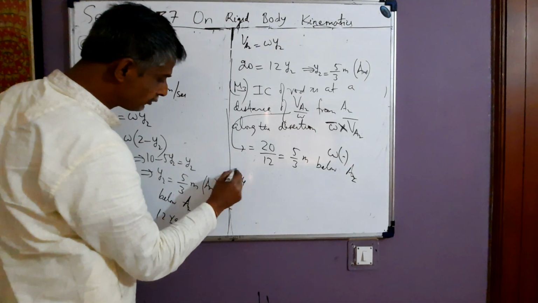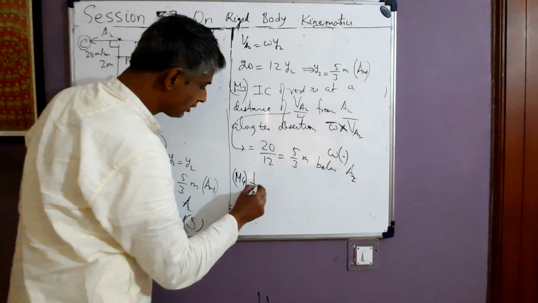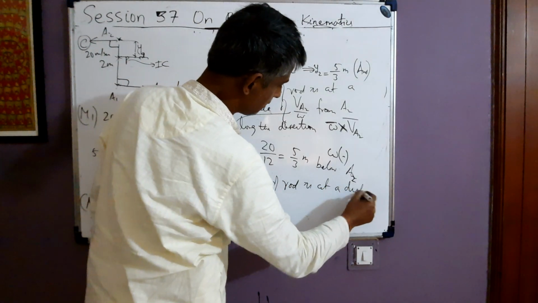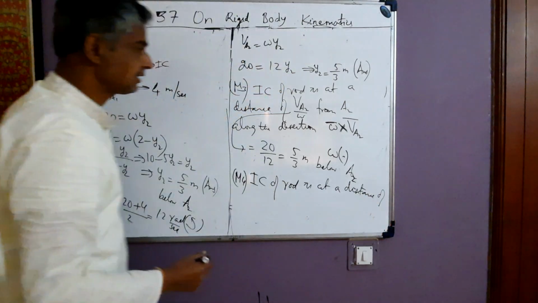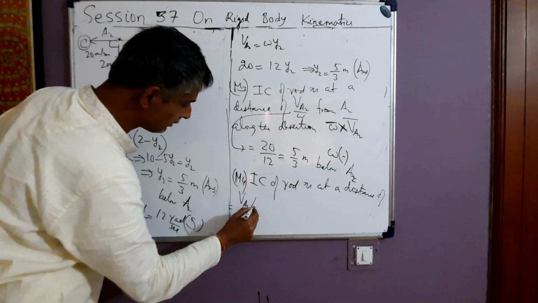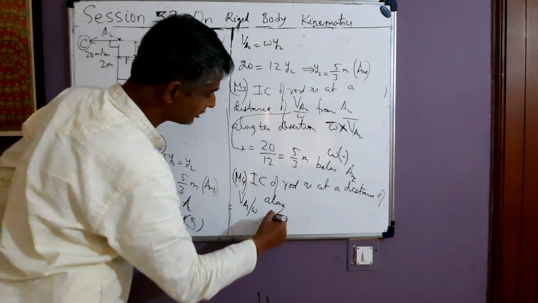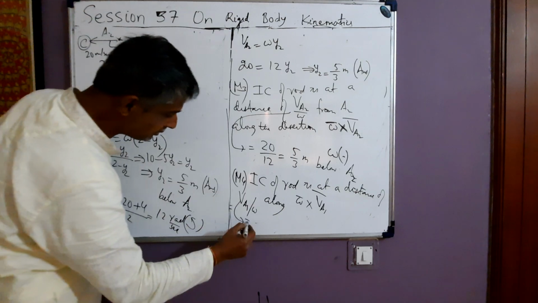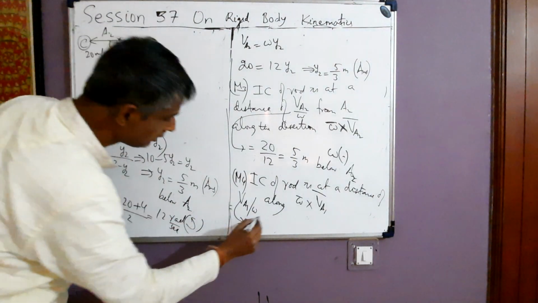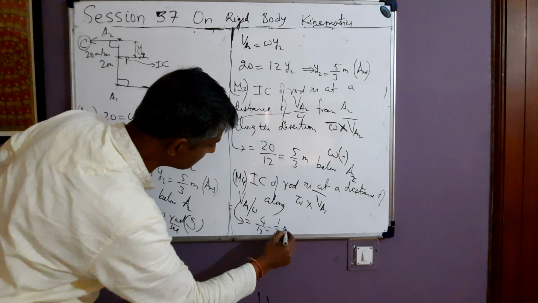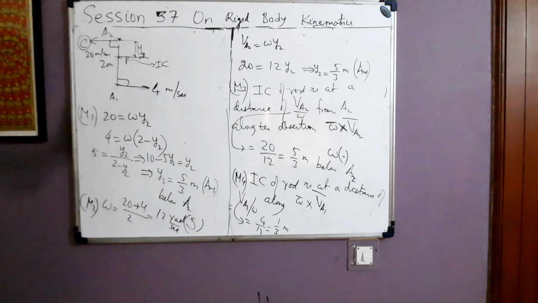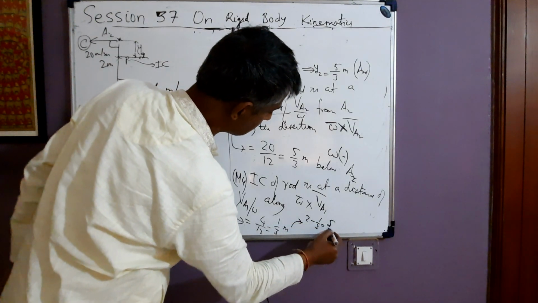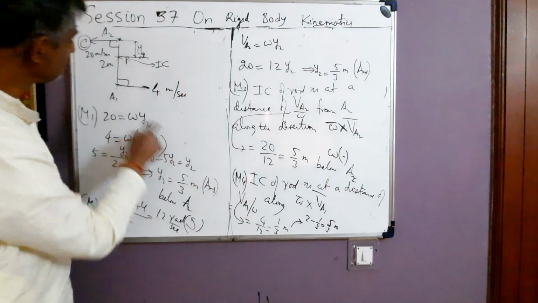Then finally we come to method 4. The IC of the rod is at a distance of VA1 by omega, along the direction omega cross VA1. VA1 is 4 and omega is 12, so this becomes 1 by 3 meter from A1.